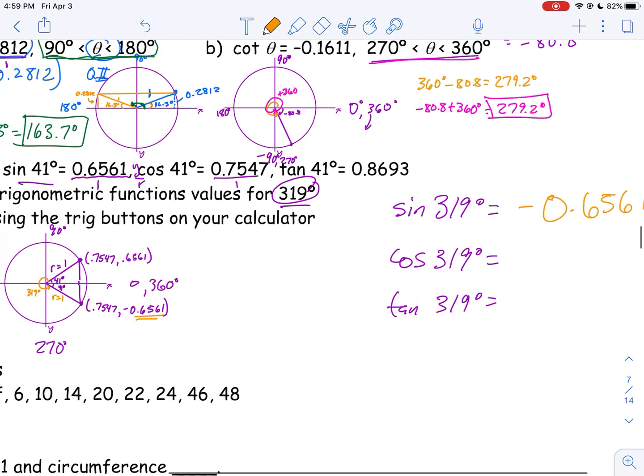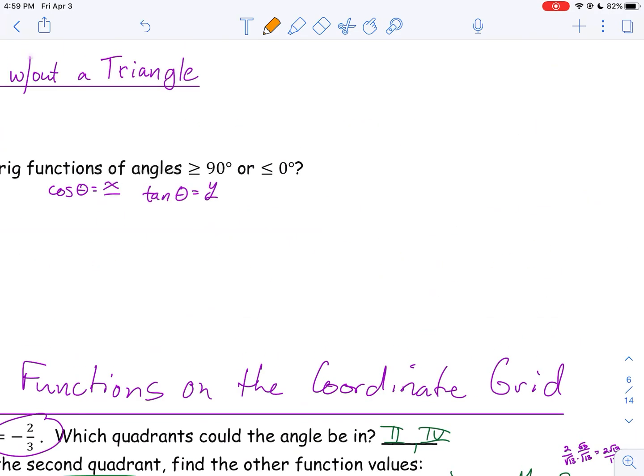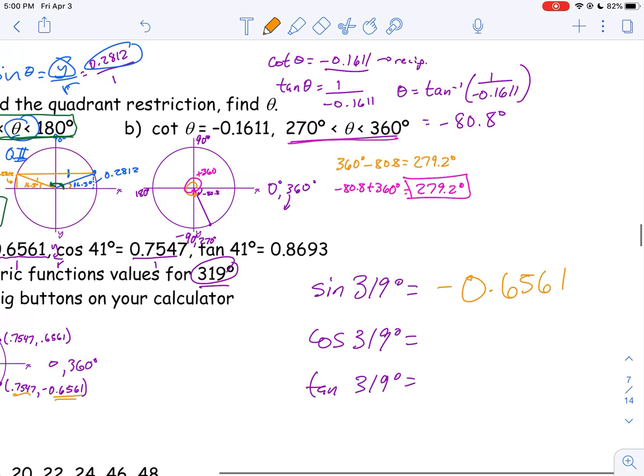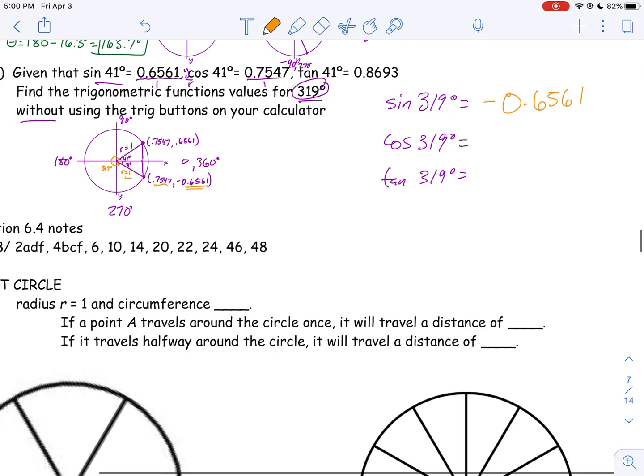Cosine is my x value over the radius, which is 1, so the x value is going to be 0.7547. Tangent then is y over x, right? So we could take negative 0.6561 and divide it by 0.7547. Go ahead and type that in your calculator.